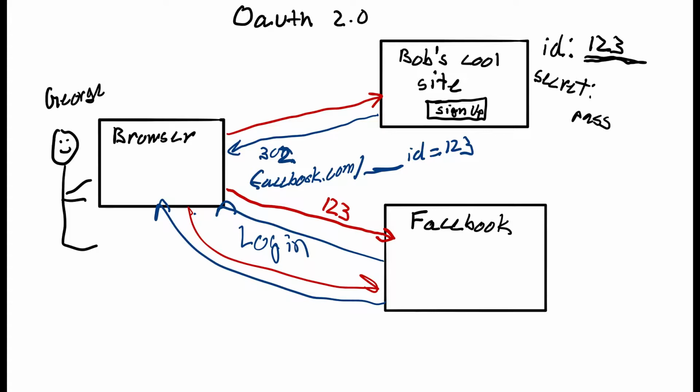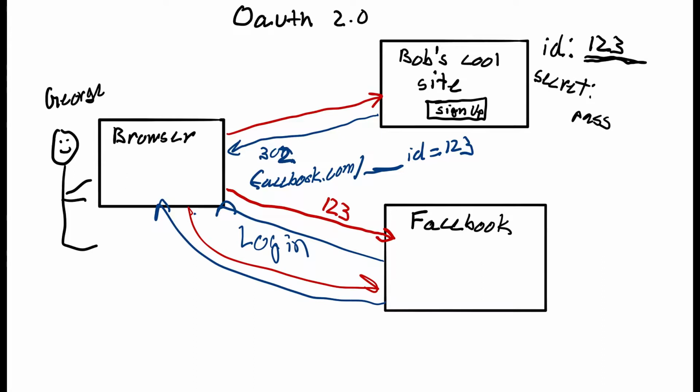The list of things was probably set up when Bob registered his application with Facebook, saying, I'd like to be able to post on George's wall, or send messages on behalf of any user. Or in our case, I'd just like to read a little bit of information about this user.